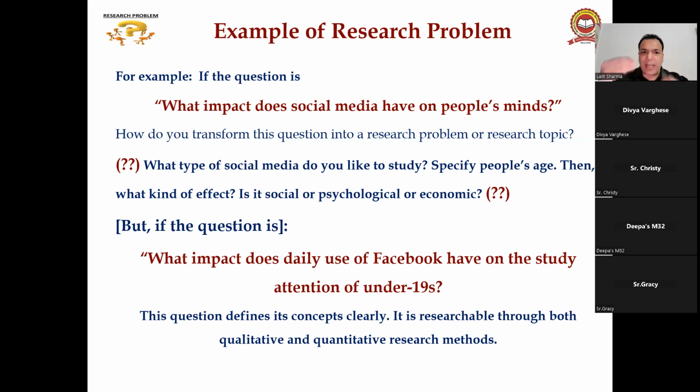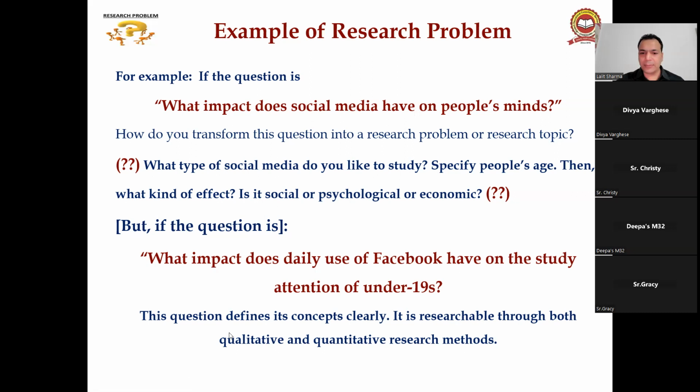When you reframe it, now you can see at the bottom: what impact does daily use of Facebook have on study attention of under 19s? So this is your research problem, because it is talking about social media, which is Facebook, and under 19, the adolescents, and impact, what kind of impact, further you can define it. So this question defines its concepts clearly.